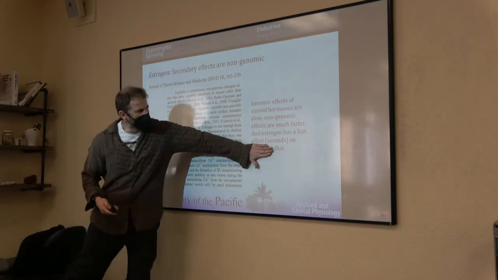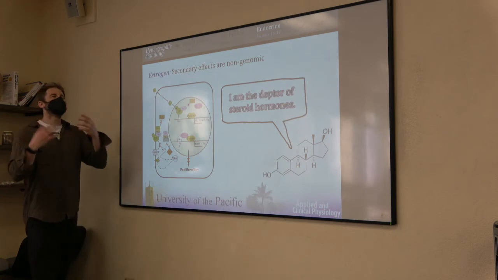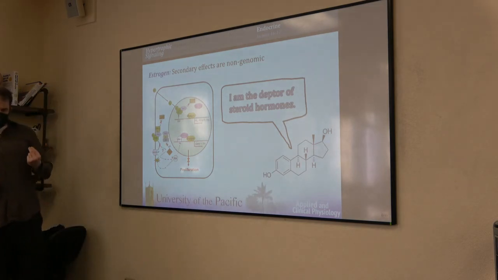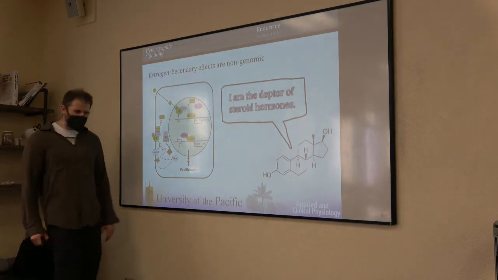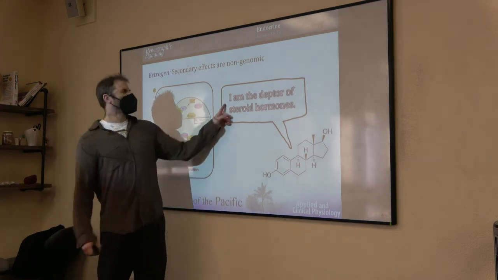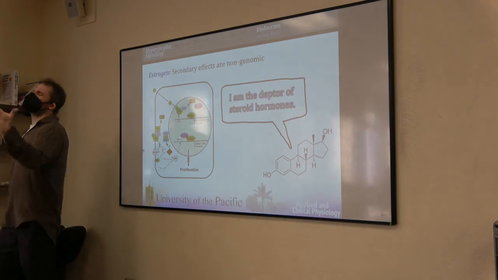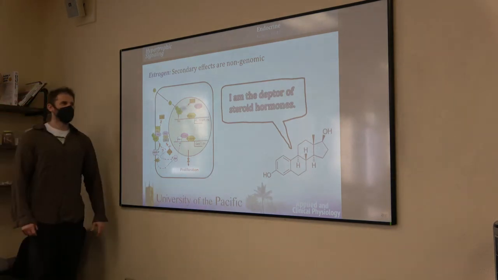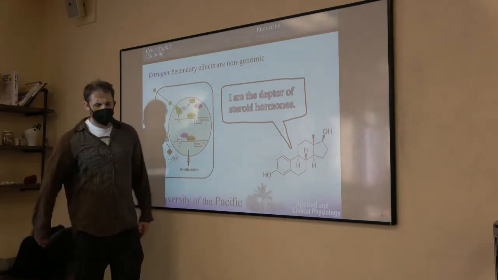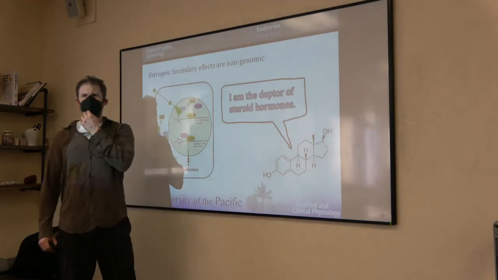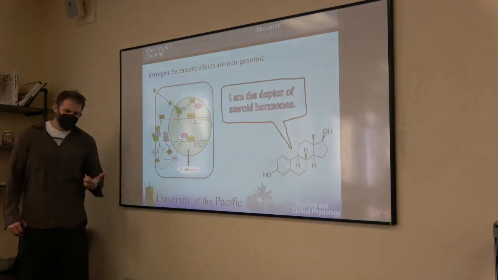And the calcium influx is with both estrogen and testosterone. Now, what's interesting about estrogen, I call it the DEPTOR of steroid hormones. Now, DEPTOR is a protein, and estrogen is made from cholesterol, so the chemical structures have nothing to do with each other.